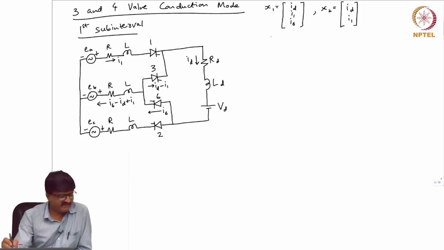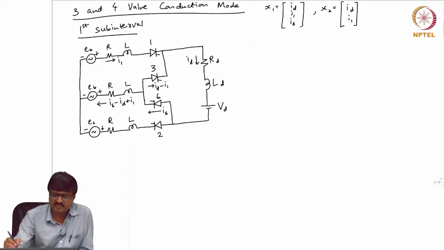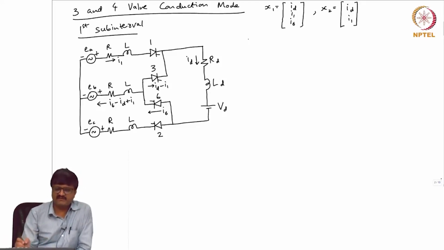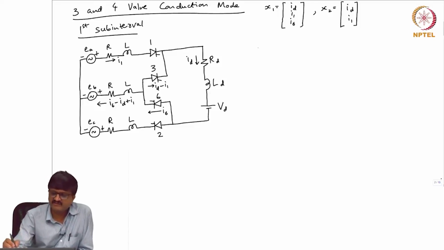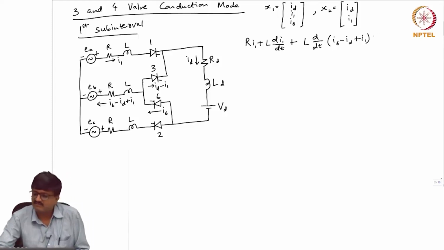So, let us apply Kirchhoff's voltage law to the 3 loops. The first loop consists of EA, EB, R, L and the valves 1 and 3. So, it is R I1 plus L dI1/dt plus L d/dt of (I6 minus ID plus I1) plus R (I6 minus ID plus I1).